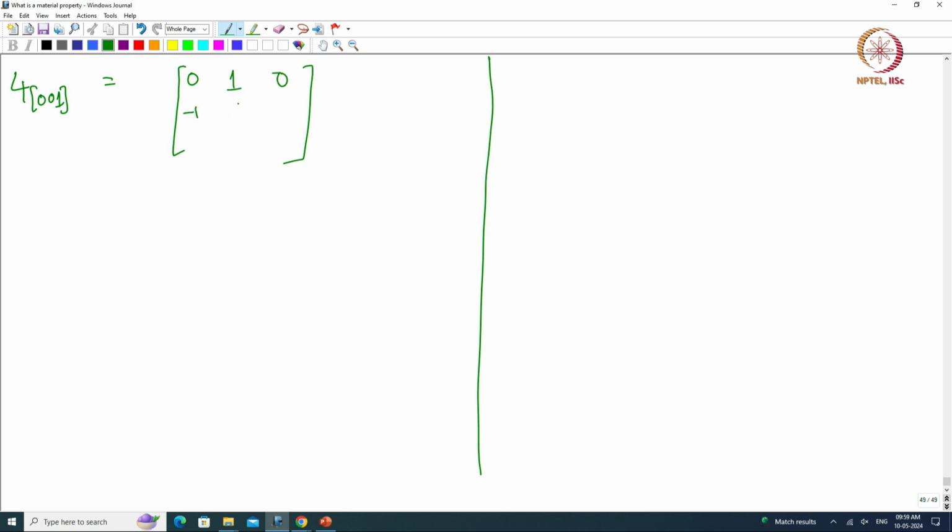Okay, so what is the matrix of transformation of a four-fold axis, let us say 0 0 1 is nothing but, my x goes to y, so that will be 0 1 0 minus 1, or the other way around, sorry.